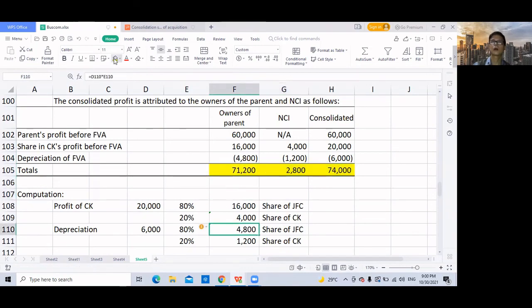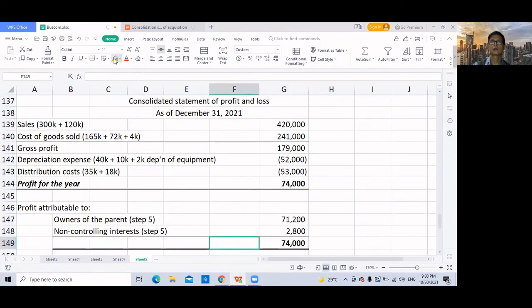It still seems like it is the parent's, even though it is attributed to the non-controlling interest. The premise is that what is yours is mine and what is mine alone, and that is what prevails as far as this consolidated financial statement is concerned.